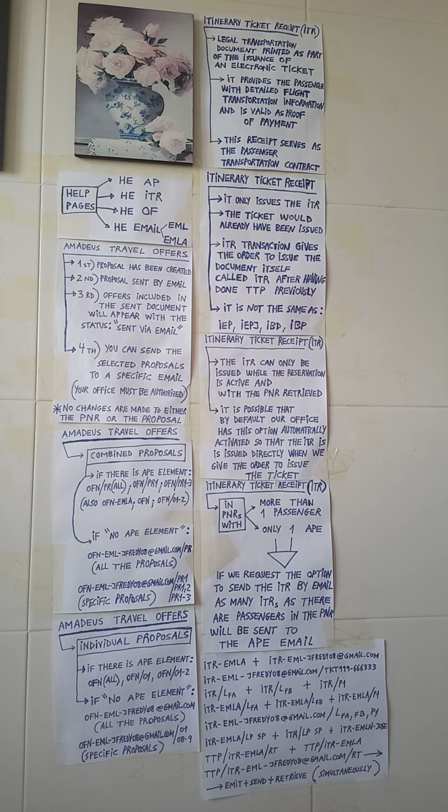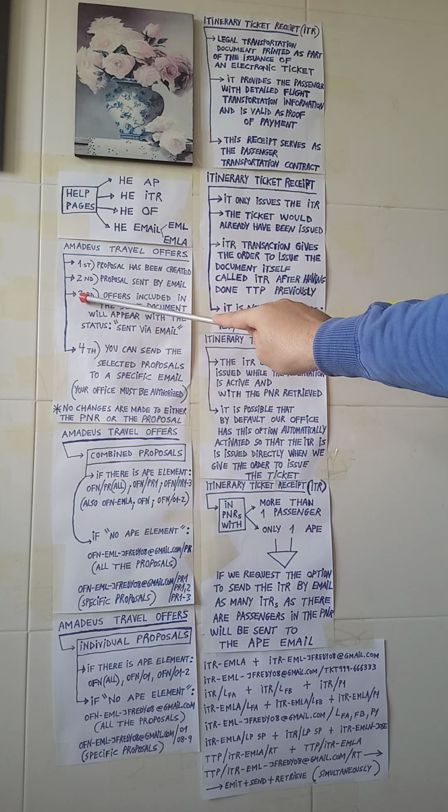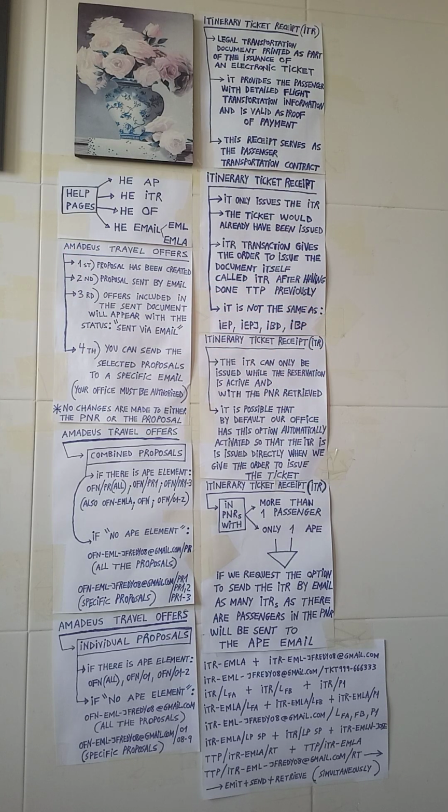In the next 3 pages, 1, 2, and 3, I will talk about Amadeus travel offers. There are 4 key points, 1, 2, 3, and 4, in sending offers. The first point is to create the proposal with the offer. The second point is to send the proposal by email. The third point is the client's receipt of the document that includes various offers.